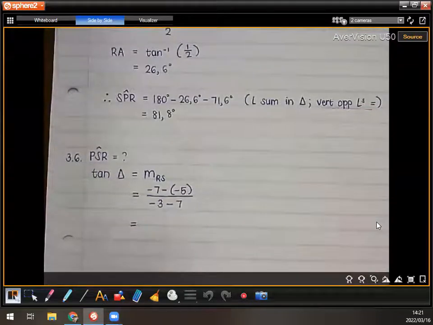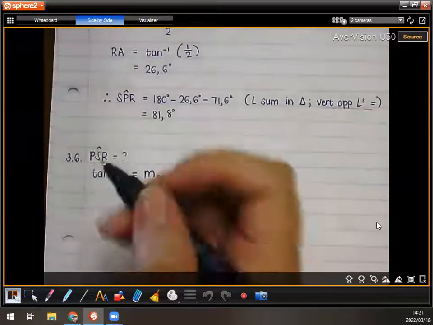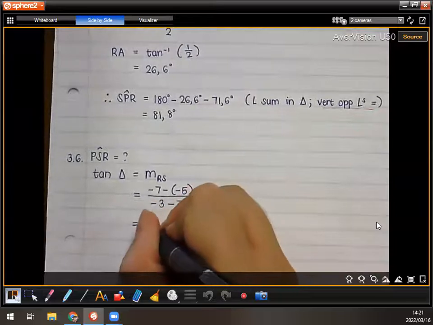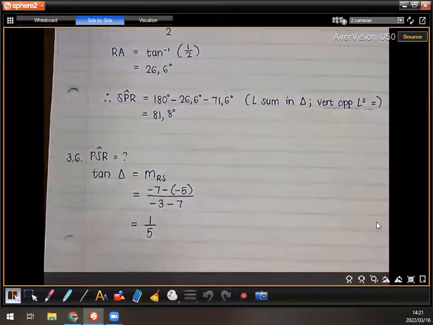That is -2 over -10, I think, which is 1 over 5. Can someone just check that for me? Thank you. Right, so 1 over 5, that is the gradient. It's positive, so am I going to calculate a reference angle if the gradient is positive? No, only if it's negative.